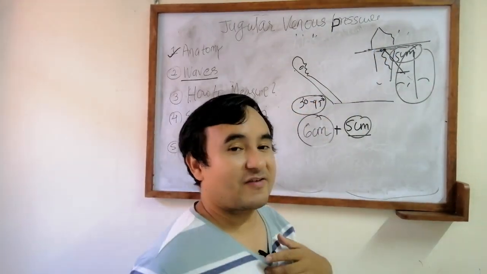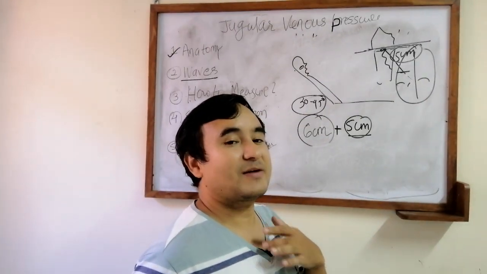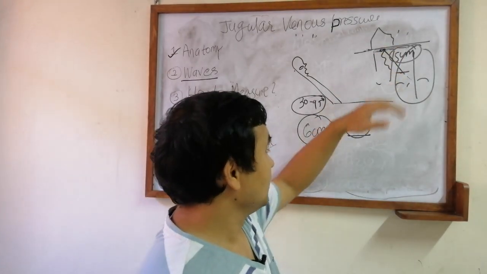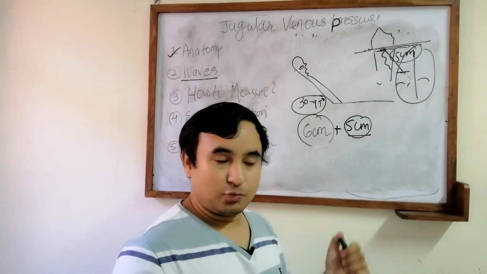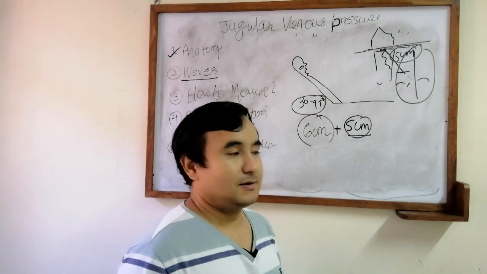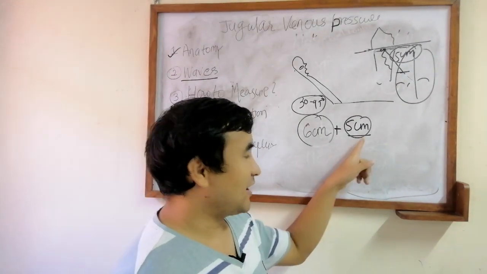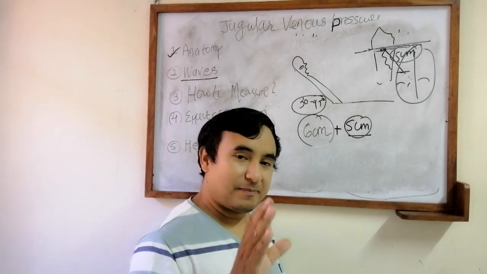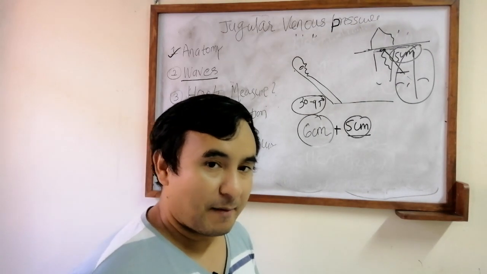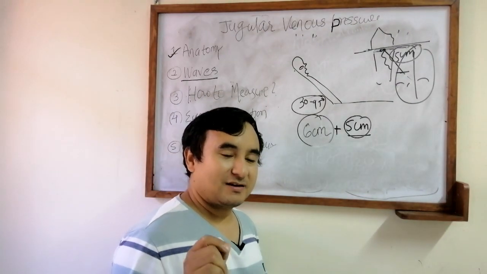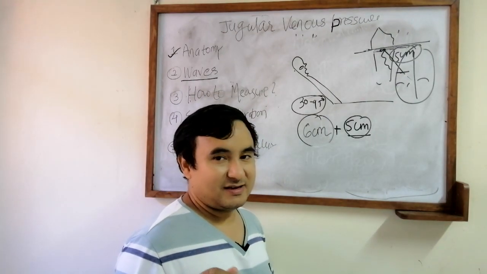You can easily identify the flat part on the chest. Then you measure this height by placing two postcards or two scales, and add 5 centimeter. You will get the JVP in centimeter of water. If you want to convert into mm of Hg, just multiply that by 0.736.